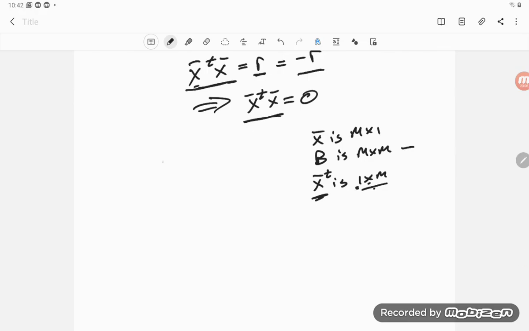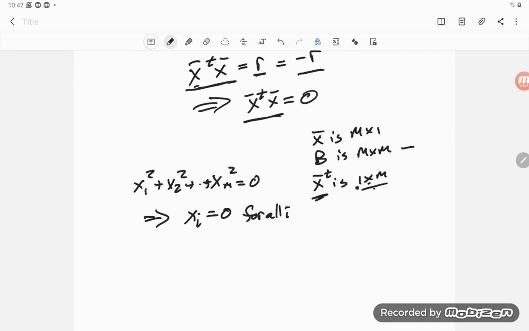But remember, this product is x1 squared plus x2 squared up to xm squared. And that equals 0. That implies that each of the xi's is equal to 0 for all i. And so there we have it.